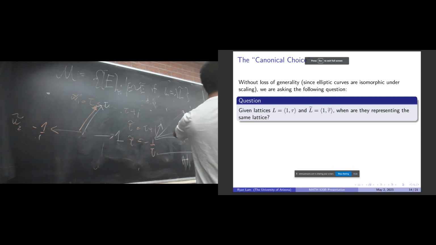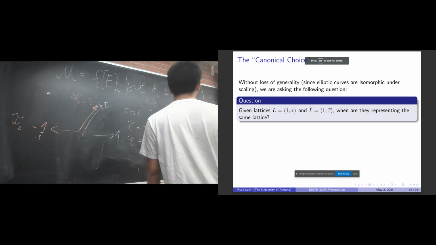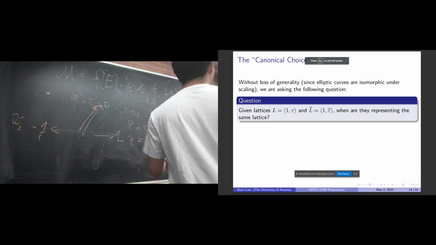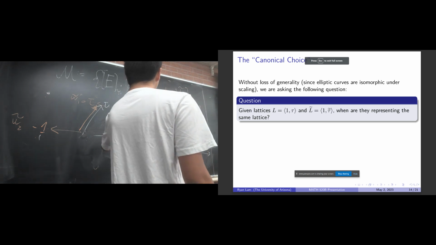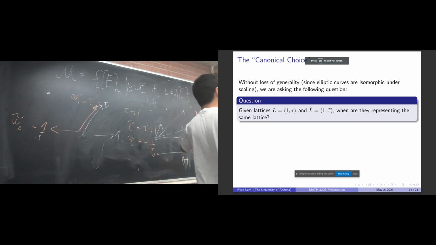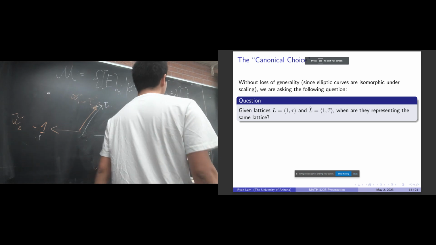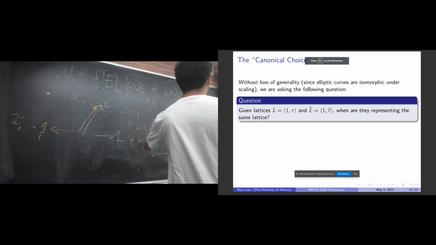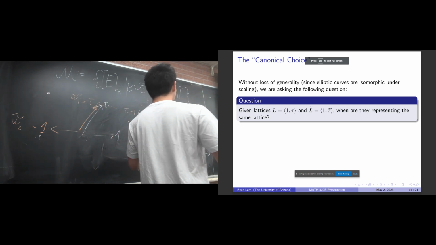And this matrix is just a matrix in SL2Z. Every such basis change which does not change the lattice must have determinant one, because if you have determinant other than one, it will scale up the lattice. I don't want the lattice to be scaled up. I want the lattice to be exactly the same.